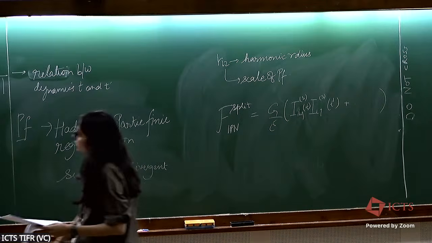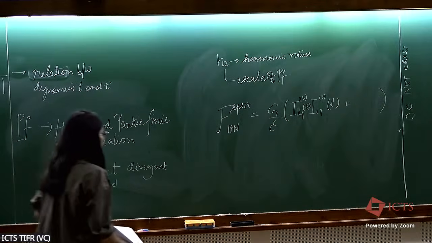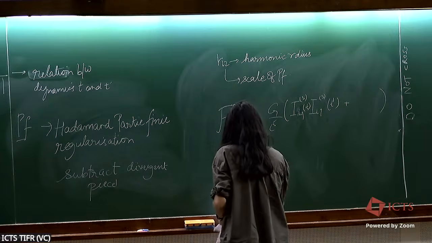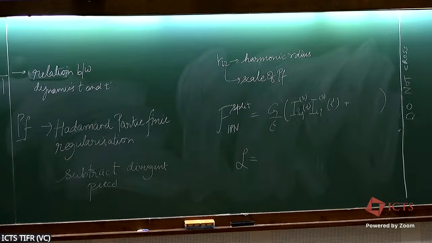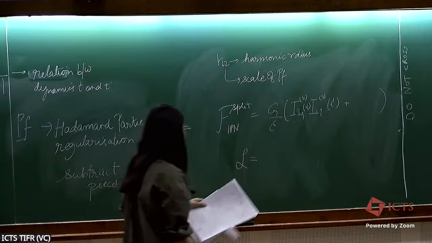And from this action, we should be able to obtain the Lagrangian, which is nothing but this whole term. This whole thing becomes the Lagrangian of the system. And from the Lagrangian, we can obtain the Hamiltonian.